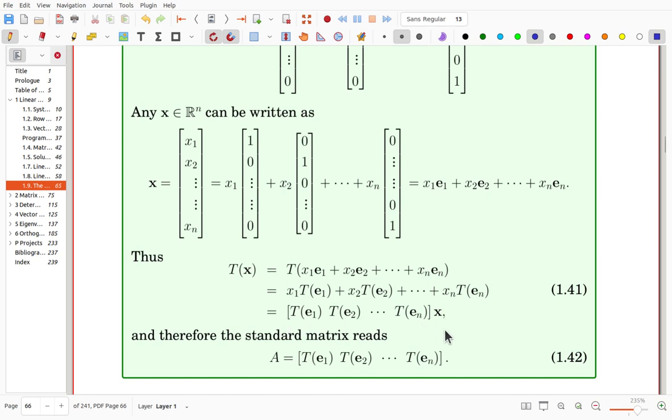So a linear transformation defined in Rn can be expressed as a matrix transformation, and the corresponding standard matrix is decided by the action on the standard basis.